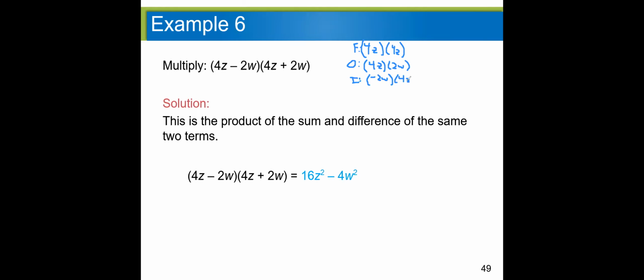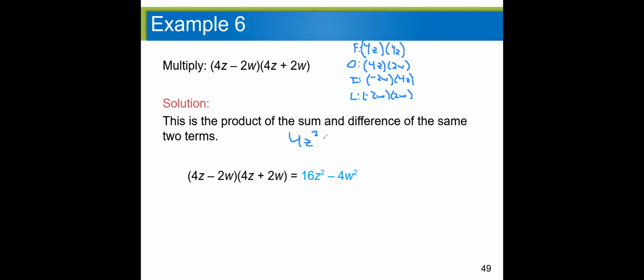Again, we can already notice here the outside and the inside are opposites of each other, so they're going to cancel. And the last is going to be minus 2w times positive 2w, which is the last things are squared, but they're negative, right? Because there's one negative.